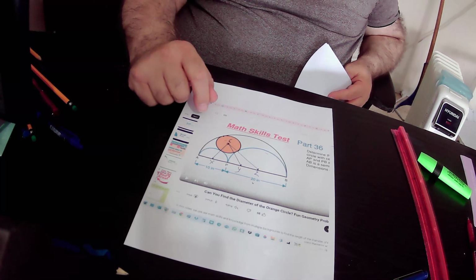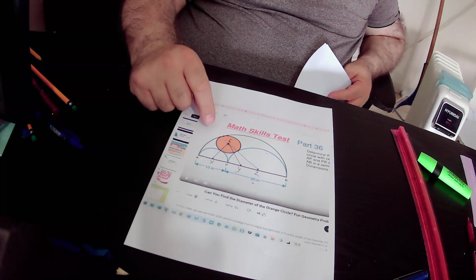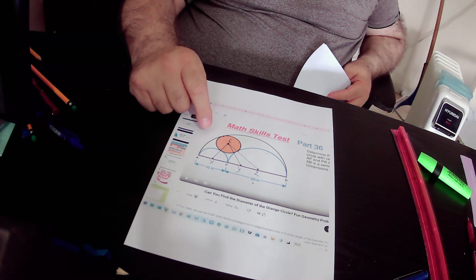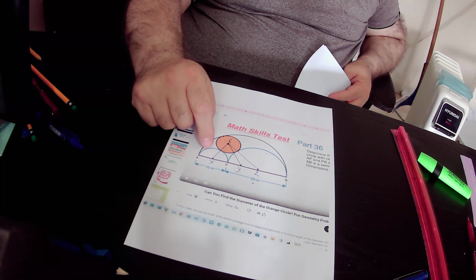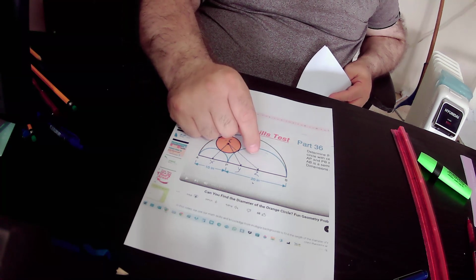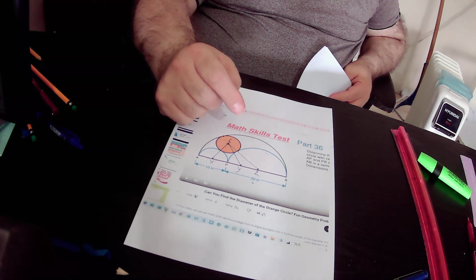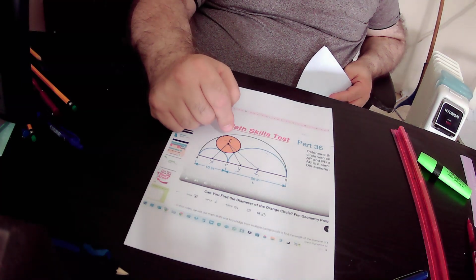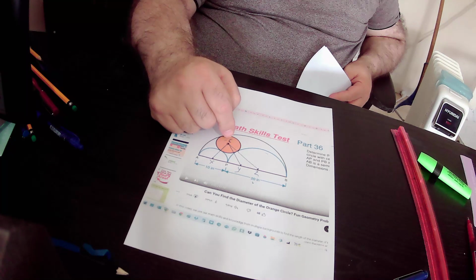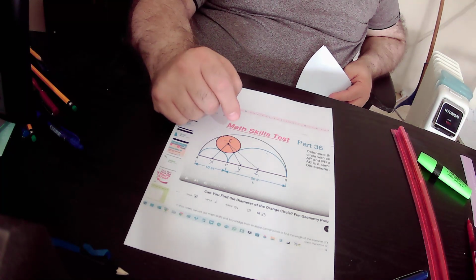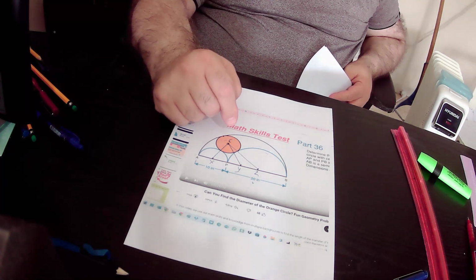The orange circle is inside the semicircle, and inside the semicircle we have also this small semicircle with radius 5, this small semicircle with radius 10, and we want to find out the diameter of this circle. Okay.